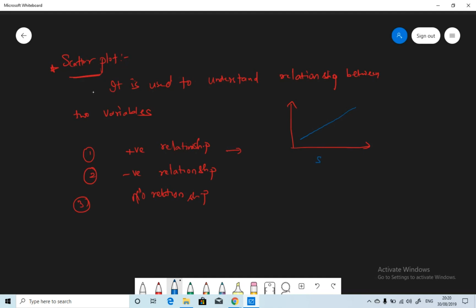Let us take experience to salary. If my experience is increasing, my salary is also increasing. This is showing the positive relationship. Agree? What about negative relationship?